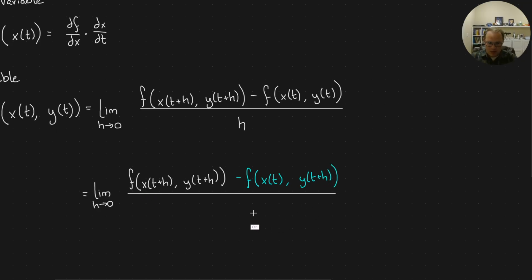Okay? Now I can't just add things in willy-nilly, right? And this doesn't change into this. I can't do that. So what I need to do is, if I'm adding a negative one of these in, I also have to add a positive one in to balance it out. Okay?